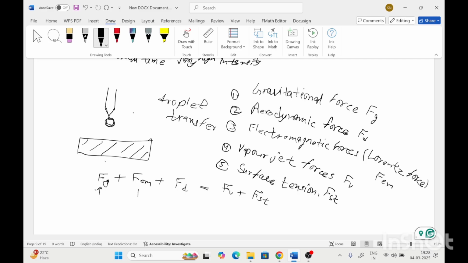The electromagnetic force comes from the charge carriers. As we know, there is a sharp edge between the droplet and the electrode. For this sharp edge, there is less area available.